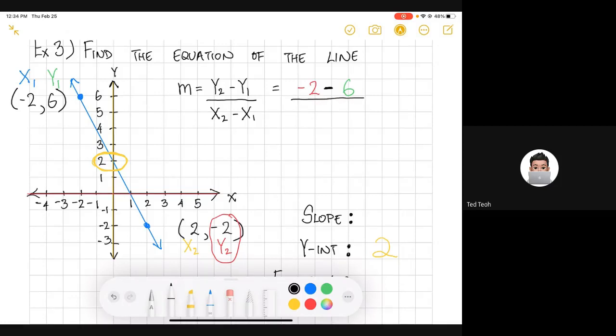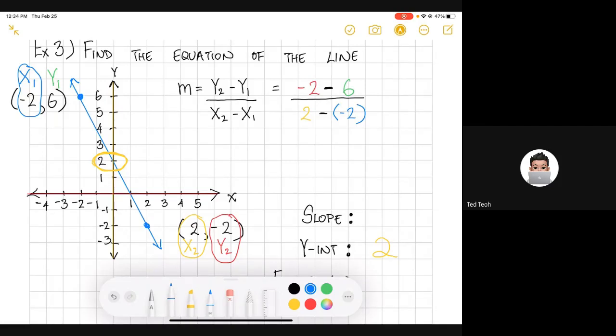Divided by x2, which is down here again. Minus, because that's the formula, x1. And x1 here is a negative number. So I just got to remember that when I have a minus and a negative number, I need to put the negative number in a bracket like this.